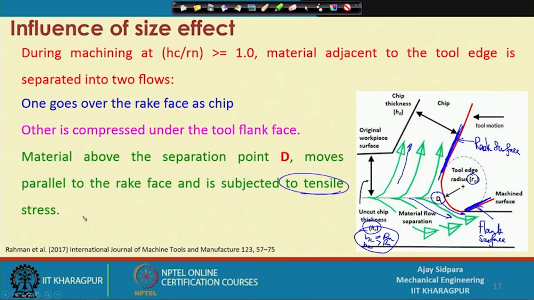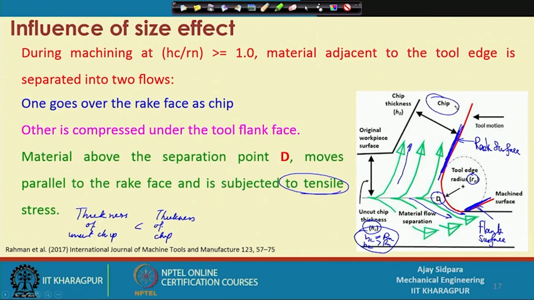Because we know that the thickness of the uncut chip is smaller than the thickness of the chip.